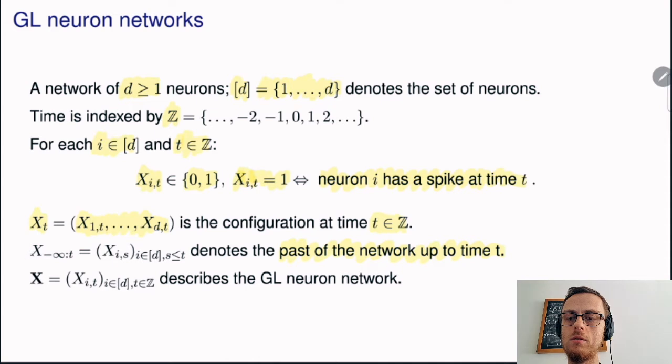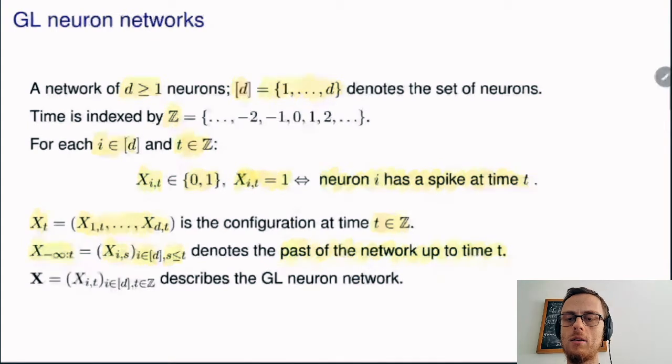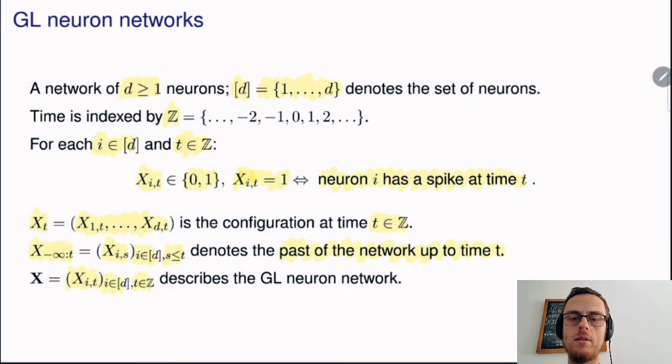This is denoted by X_{-infinity,t}, and it is the collection of all the random variables X_is with i in the set 1 to D and s at most t. The collection X_it with i in 1 to D and t in Z describes the GL neural network and is denoted by X in boldface. This is just some notation that will be used throughout this lecture.